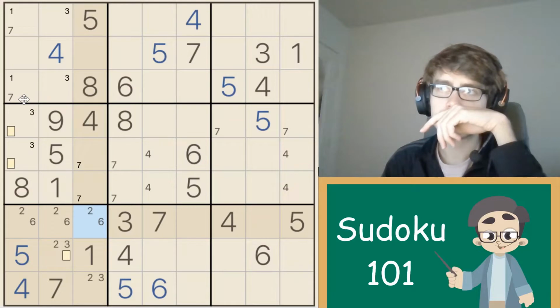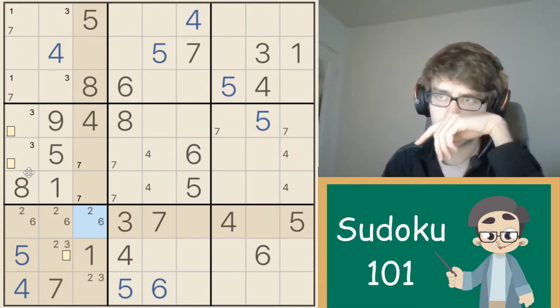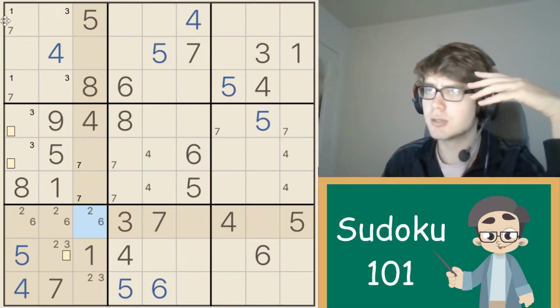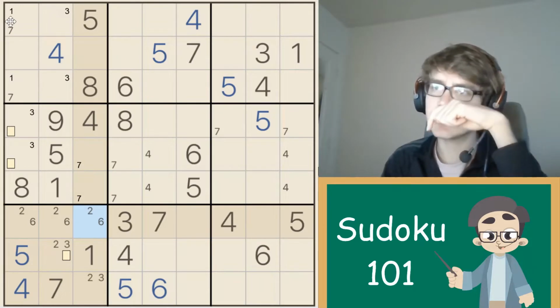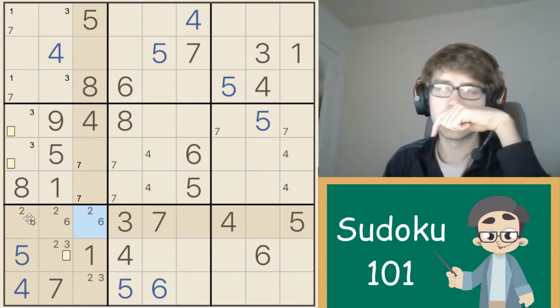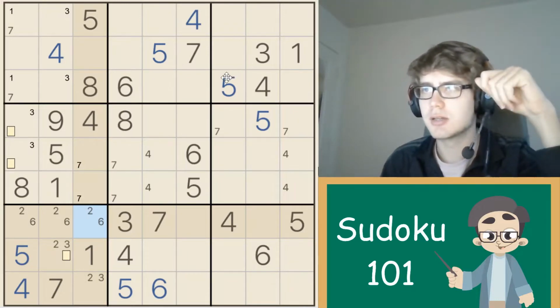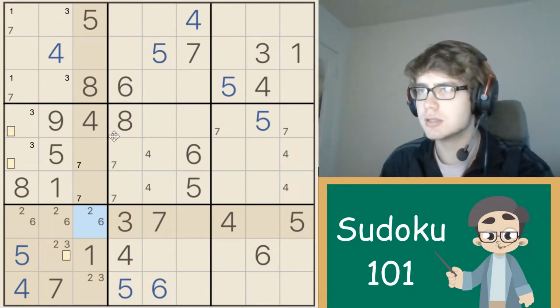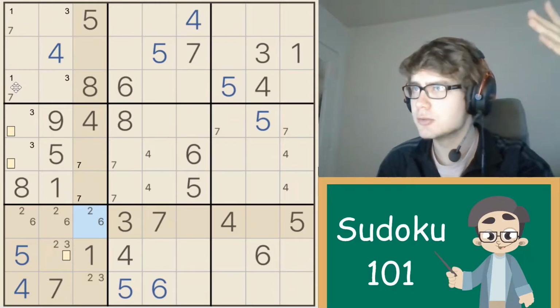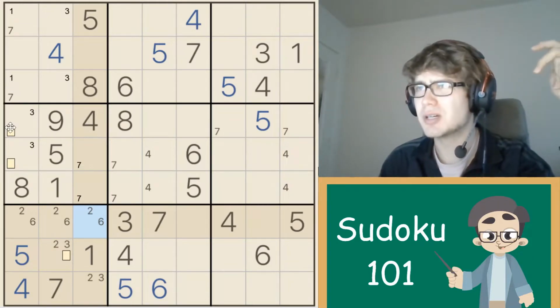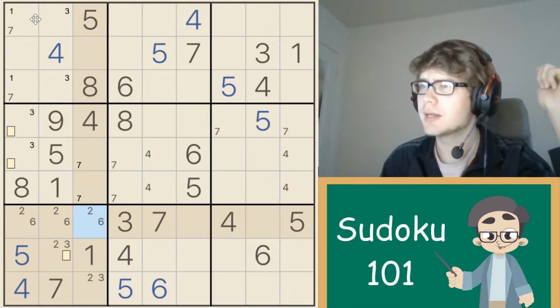So where can the 3 be in this row? I asked what's missing in this row. Instead of having 3, 5, 6 open spots, now we only have 4 open spots. That's more doable. The 1, we determined, can be up here. The 2 is a little annoying, it can be everywhere, so I'm not even going to put it in. So what about the 3?